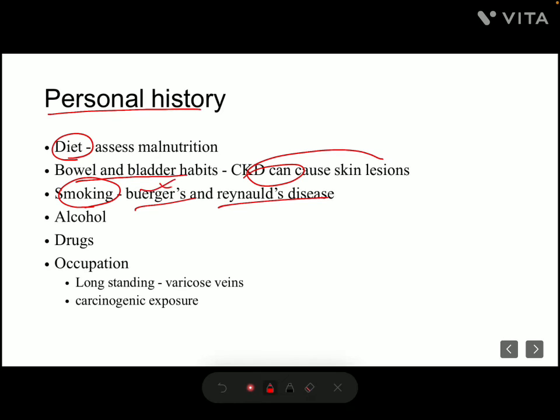So what exactly is Buerger's disease? When we talk about arterial ulcers, the common factors are, first, atherosclerosis, and the second is Buerger's disease. What do you mean by Buerger's disease? It is an idiopathic disease that is associated heavily with smoking, where you will find bilateral inflammation, especially of the blood vessels of your lower limbs.